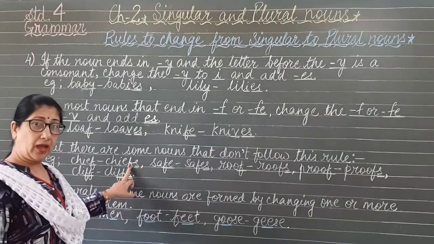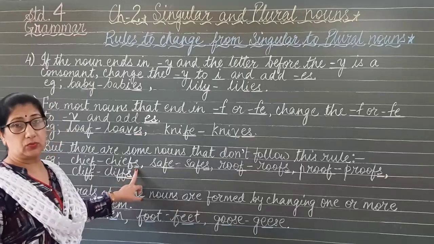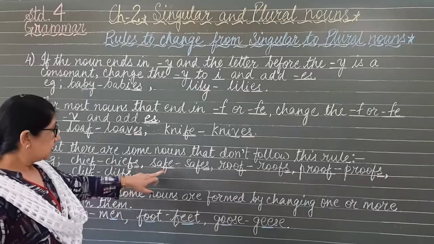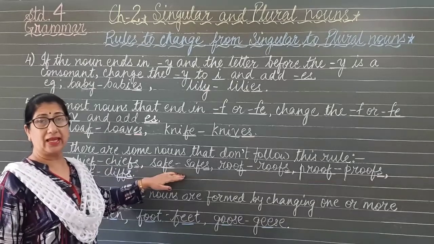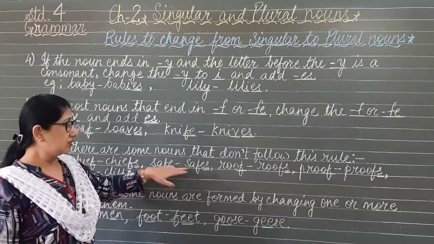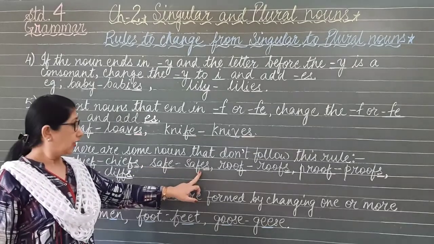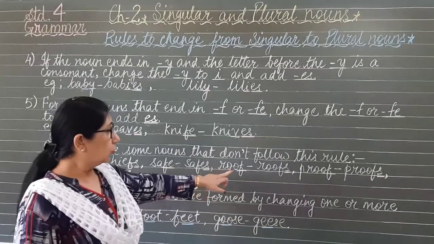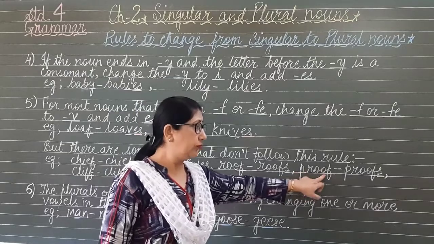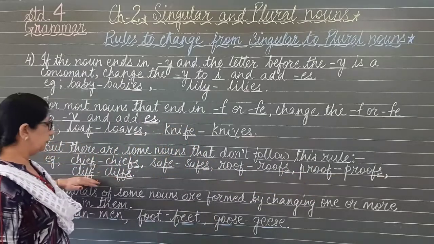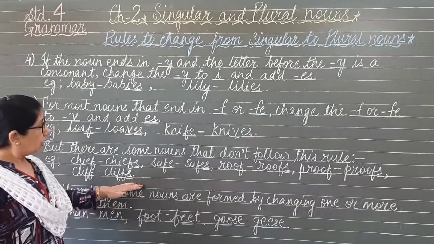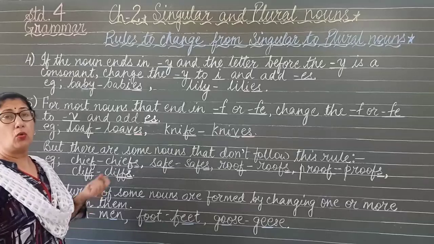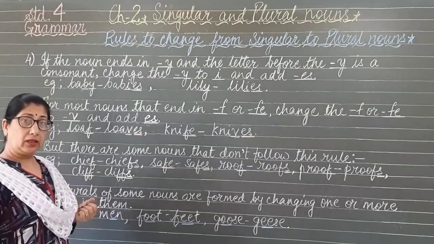F same रहा F जैसा ही और पीछे सिर्फ S लेटर हमने ऐड किया है. Chief, chiefs. Safe, FE, the word is ending in FE, but FE is not changed to V, rather FE remains the same and only S is added at the end. Roof, roofs. Proof, proofs, and cliff, cliffs. Okay, without following the above rule, the words are converted to plural only by adding letter S at the end of the word.